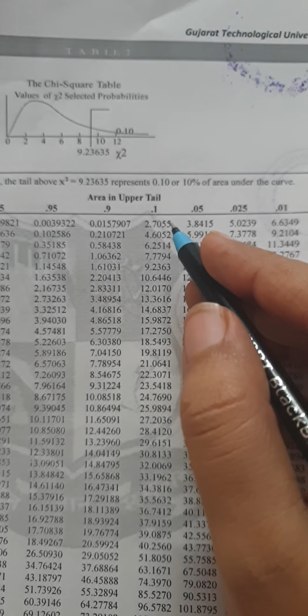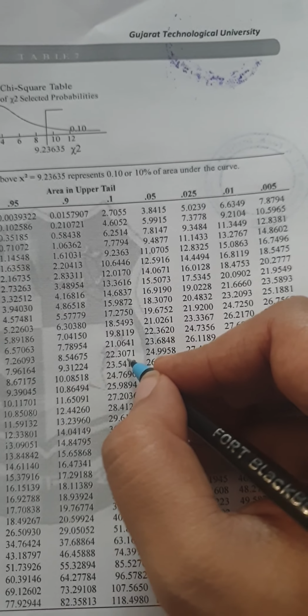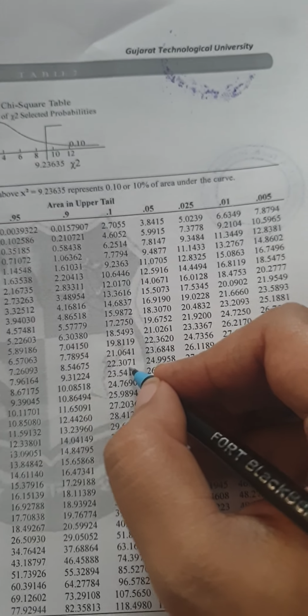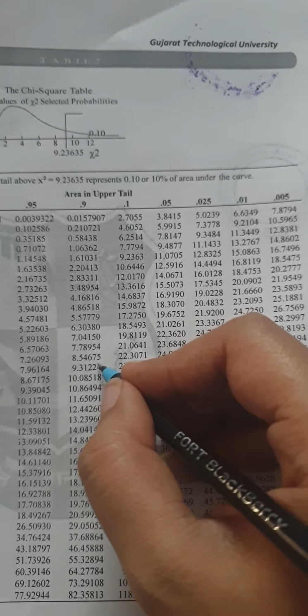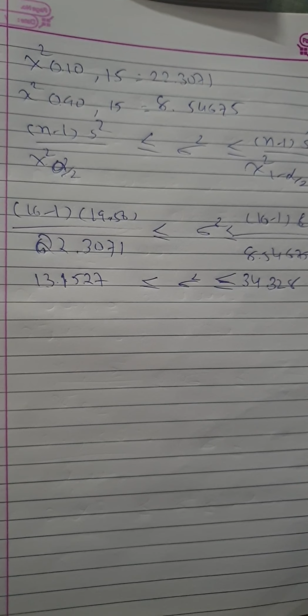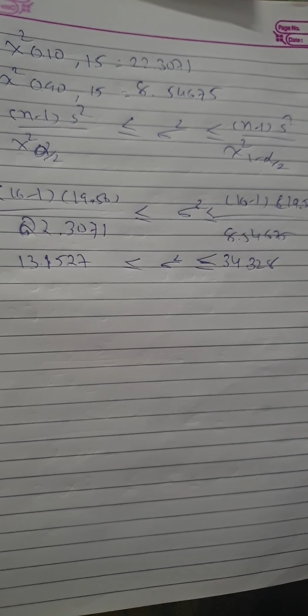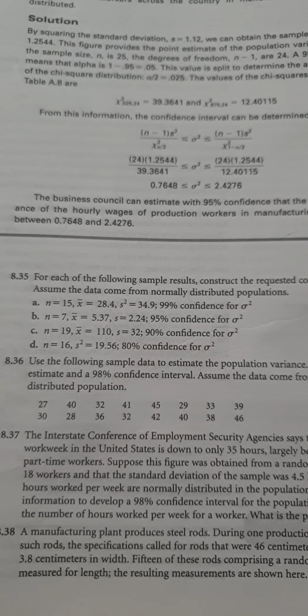So see, this is your table, 0.10 and degree of freedom is 15, so your value will be 22.3071, and in case of 0.90 it is 8.54675. So your answer will be 3.1251527 to 34.328.